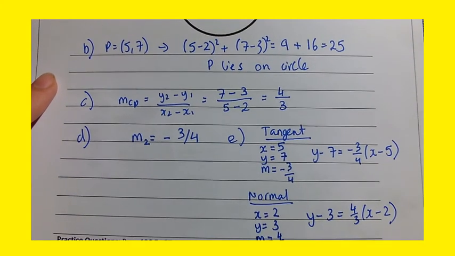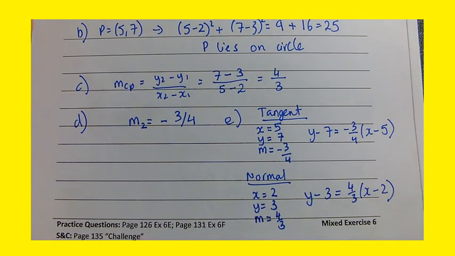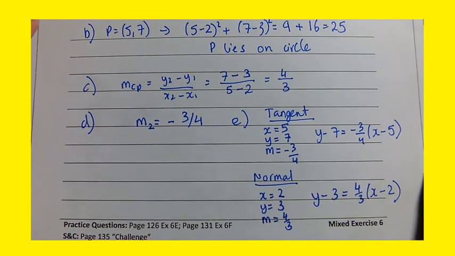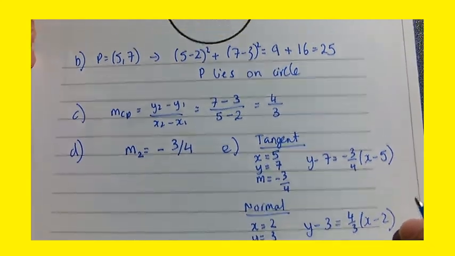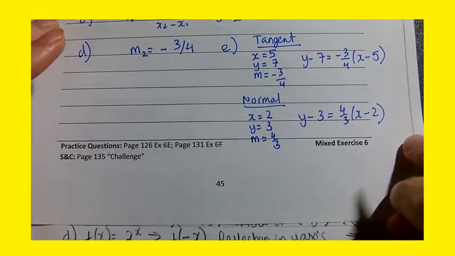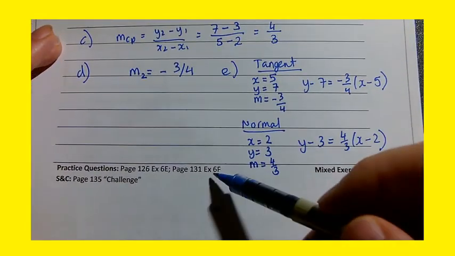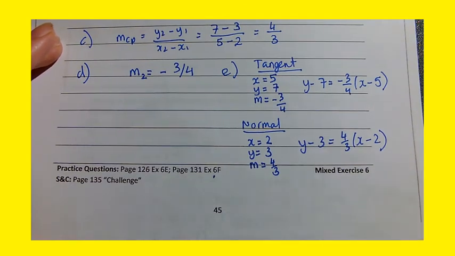So those are skills that we're using, and you've got to be able to bring things together. Okay, so you'll be using straight lines knowledge for sure, and you've got to be able to apply that to circle equations. So here are the practice questions outlined and the stretch and challenge. I would highly recommend that you have a go at finding the equations of tangents and normals to a circle.